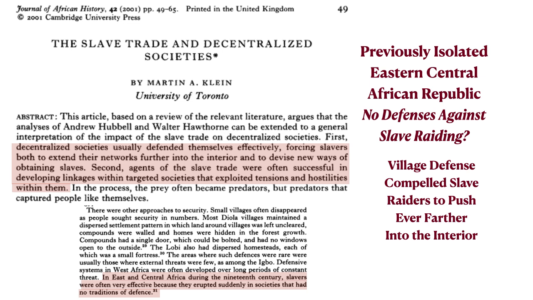But then the other important information here is at the bottom of the slide, in highlighted areas in East and Central Africa during the 19th century. Slavers were often very effective because they erupted suddenly into societies that had no tradition of defense. So I think that may have been what happened here. Societies that had been insulated from the slave trade had no experience with it, and then they are hit hard and fast and in a devastating manner.